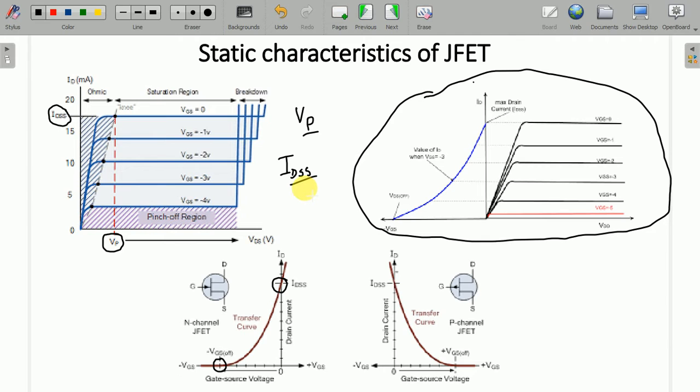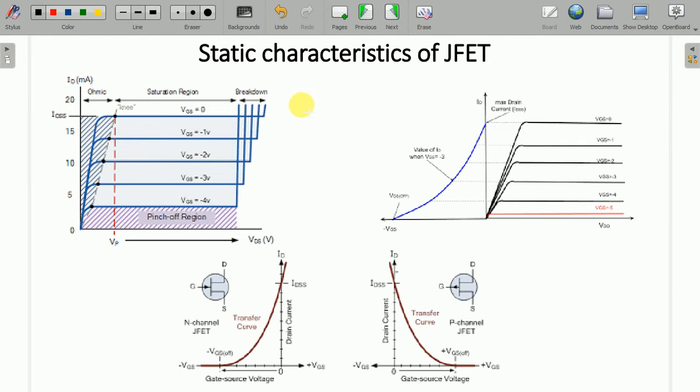Definition wise, when VGS is equal to 0, it is the point from which ID becomes constant. When extrapolated here, that is called the maximum drain current or the saturation drain current.